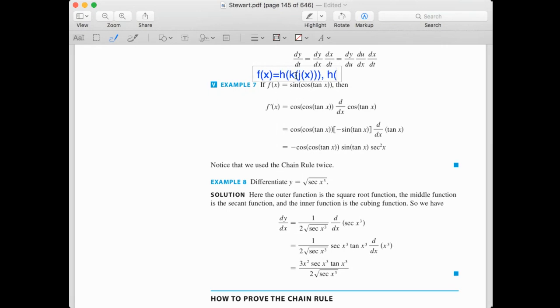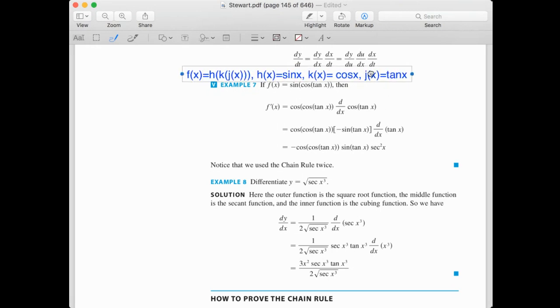So what's the outside layer do? The outside layer is a sine. So h of x equals sine x. What's the middle layer k do? K of x is a cosine x. So the last one, the very inner one, is the tangent x, right?